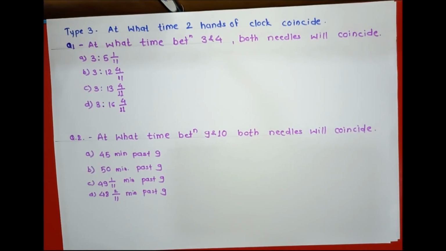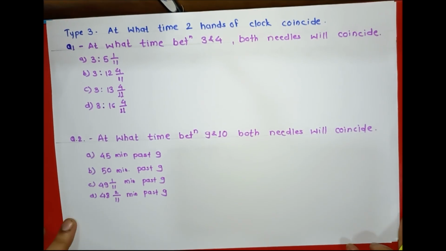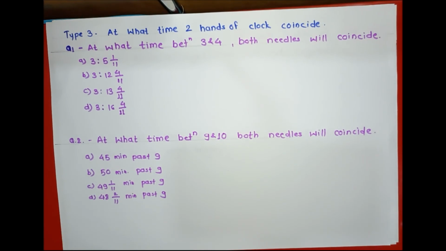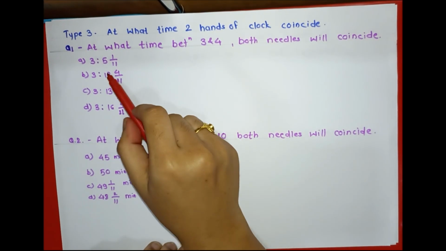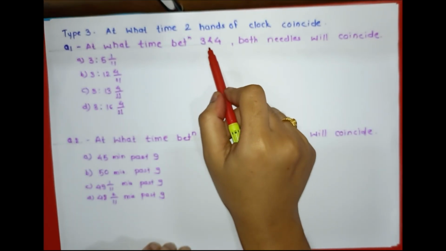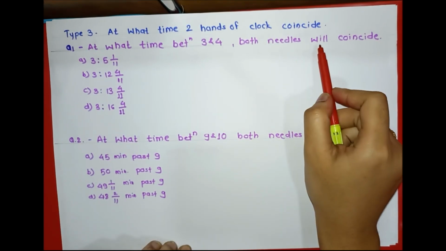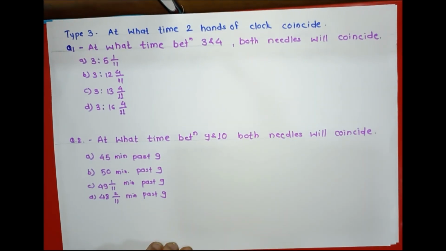The next concept is when the hands of the clock coincide between a given time. The question states: at what time between 3 and 4 will both the needles coincide? In this question we will be using a direct formula.